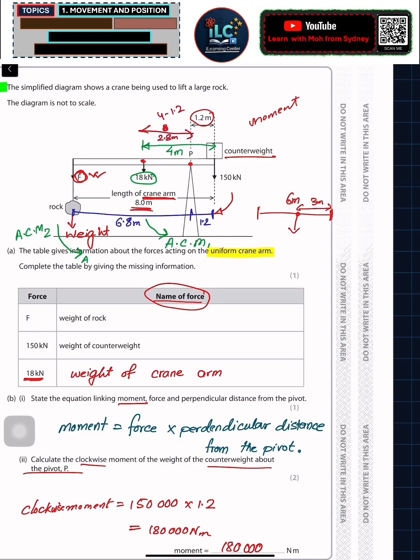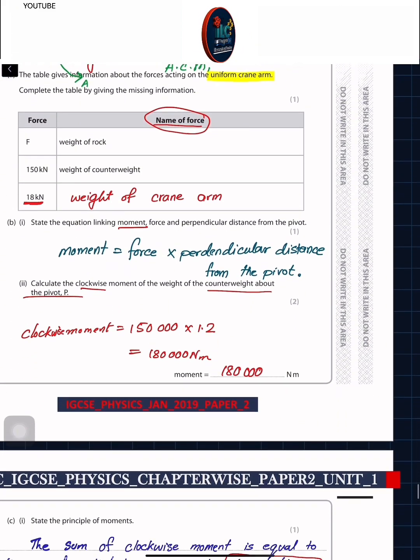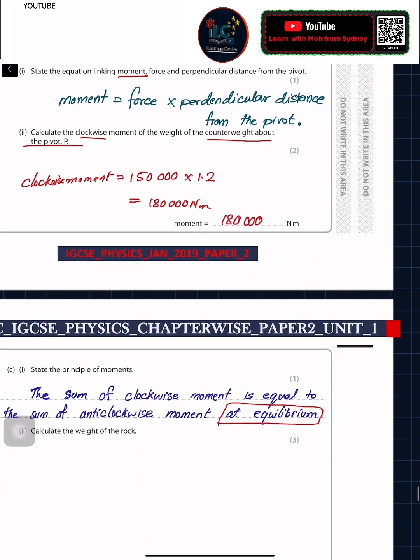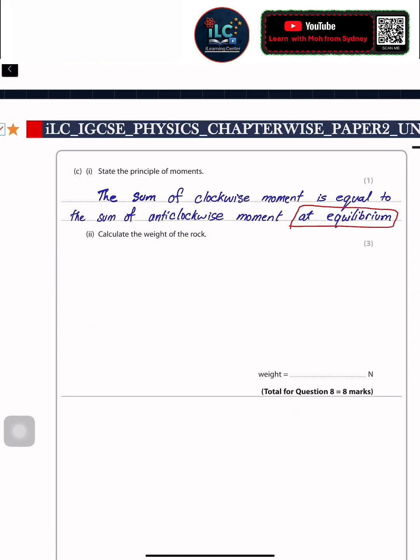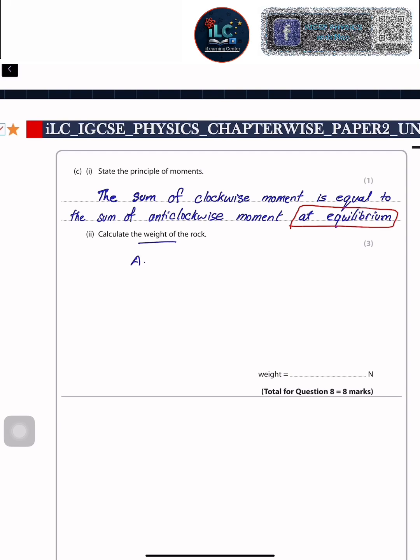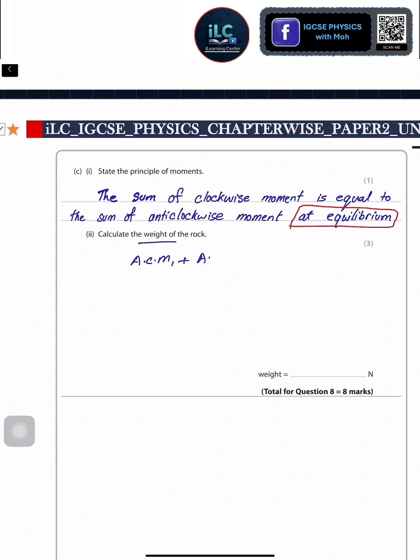Now if we do the calculation, we can say straightforwardly: anti-clockwise moment 1 plus anti-clockwise moment 2 is equal to the clockwise moment.